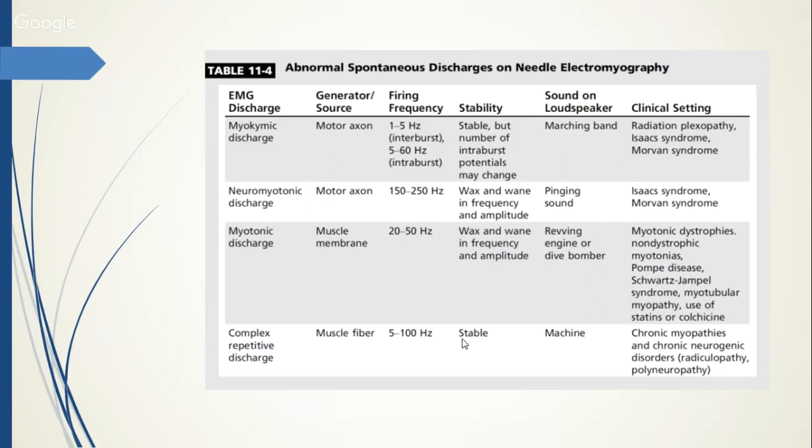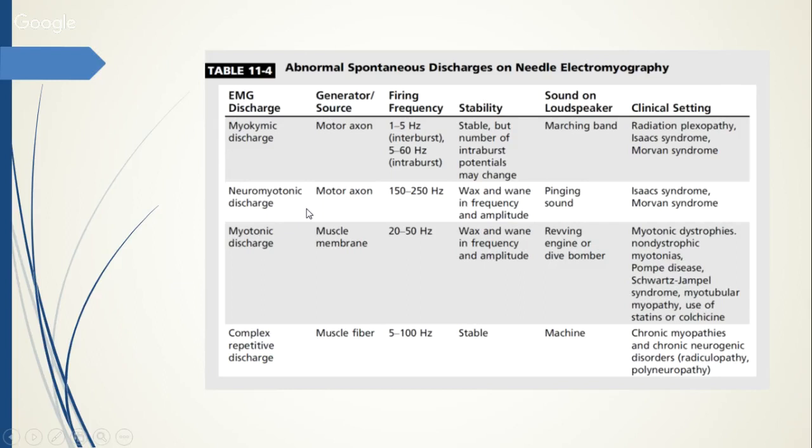Over here, we're going to have a look at each and every EMG discharge. The myokymic discharges come mostly from the motor axon. You'll hear a marching band, and again, it's just a very short frequency of 55 to 60 hertz.